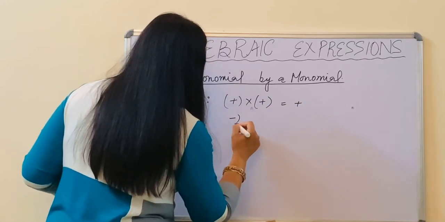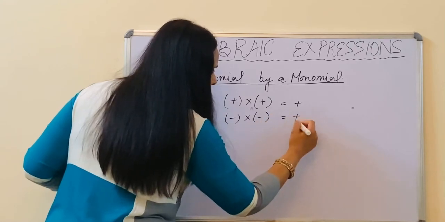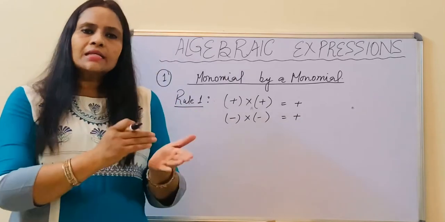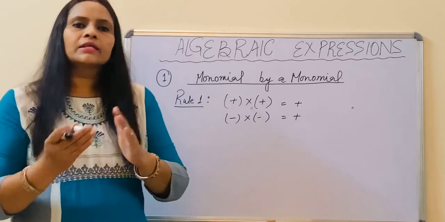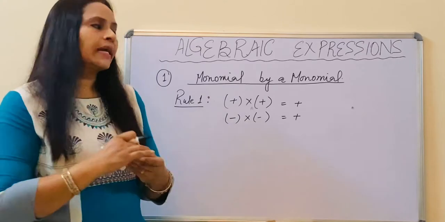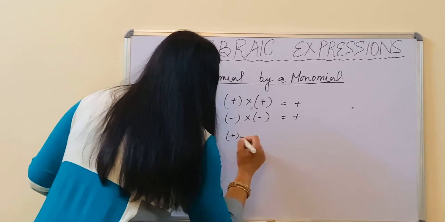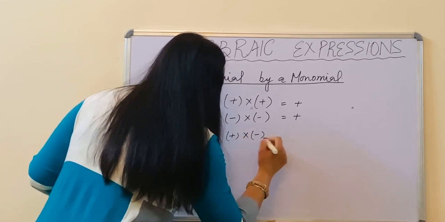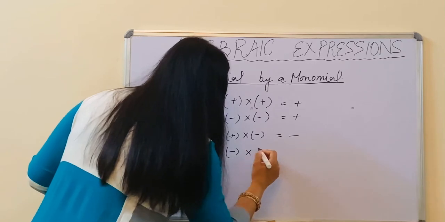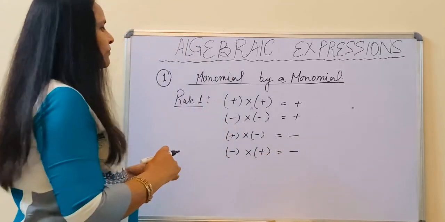If we multiply minus with minus, we again get a plus. But if we multiply plus with minus or minus with plus, meaning two opposite signs, we always get a negative sign. This was the first rule.